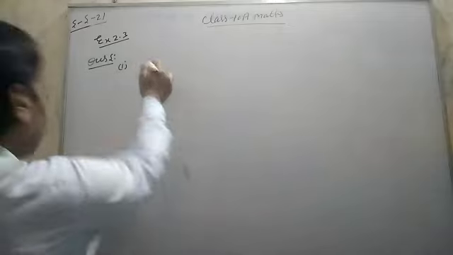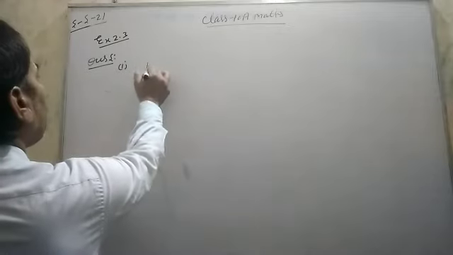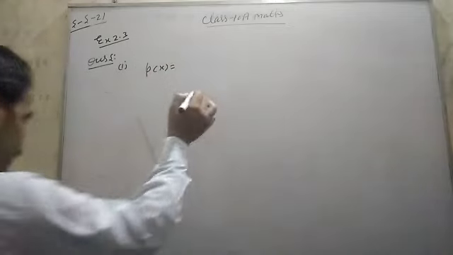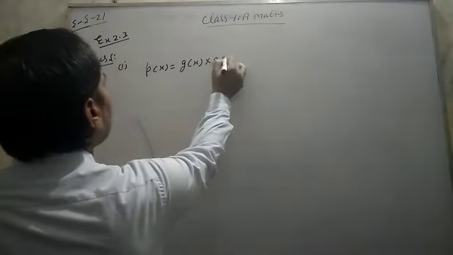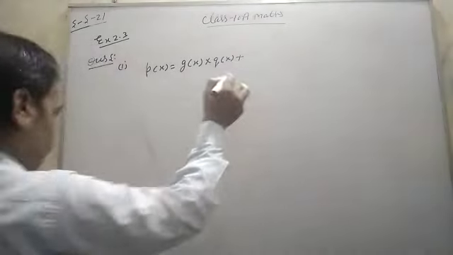So division algorithm means here p(x) is equal to g(x) into q(x) plus r(x).